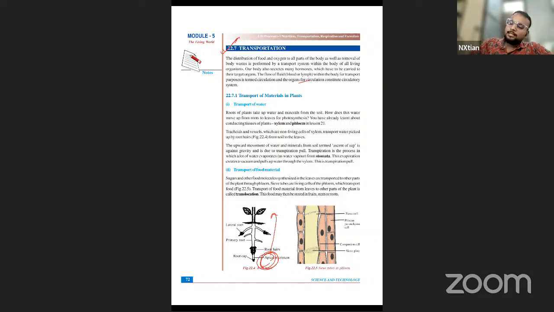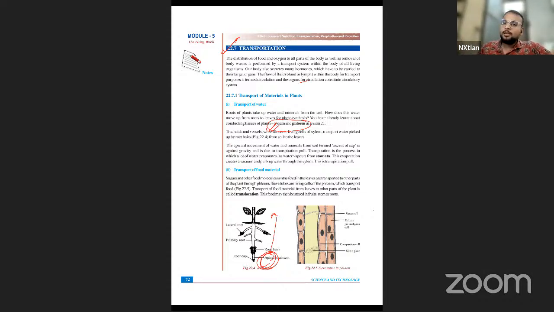There is a specialized tissue called xylem. Xylem is responsible for the movement of water. It is a channel through which the water is transported to the leaves. Understood, guys? In xylem, what happens?